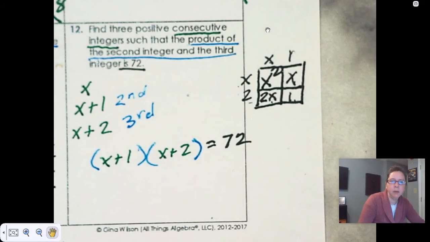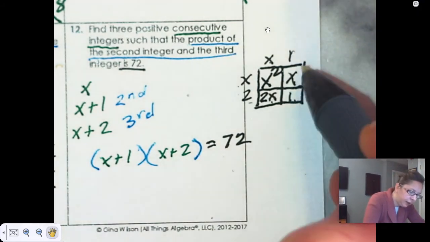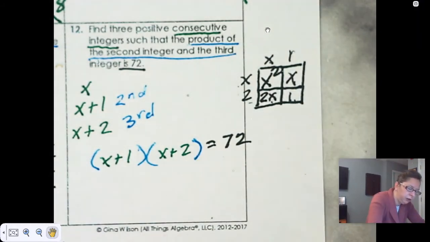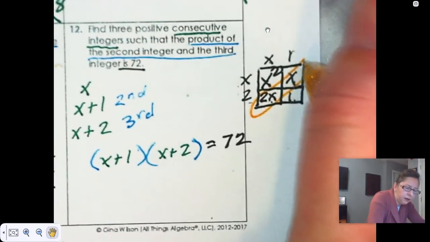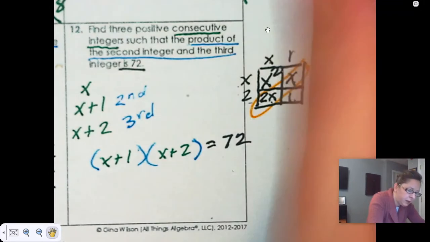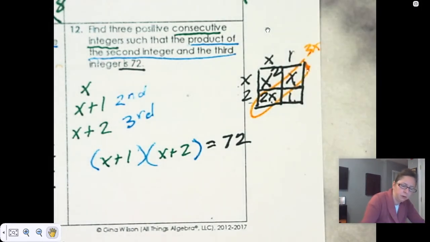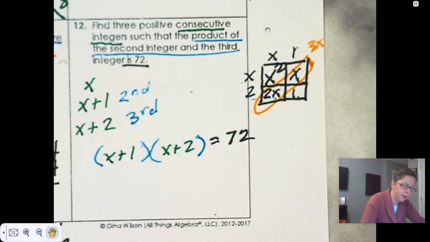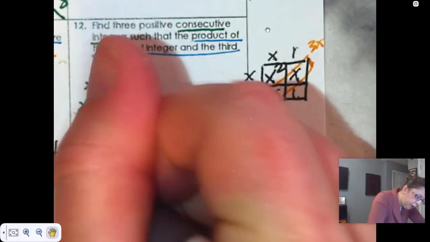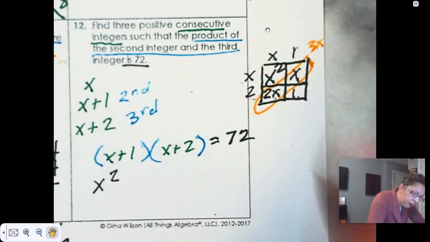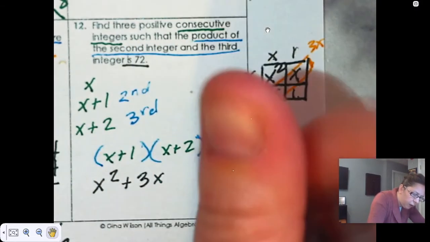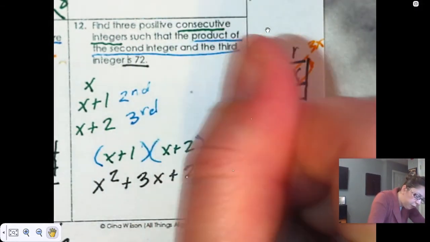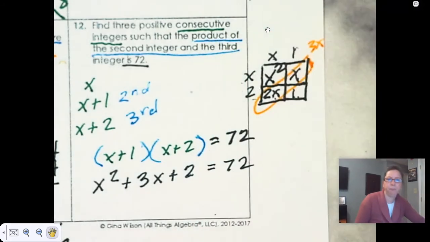All right, and now I am ready to combine any like terms, which I see diagonally. I have an x and I have a 2x, and that's going to give me 3x. So now let's bring it all down and write it together. X squared plus 3x plus 1. I'm sorry, plus 2 equals 72.